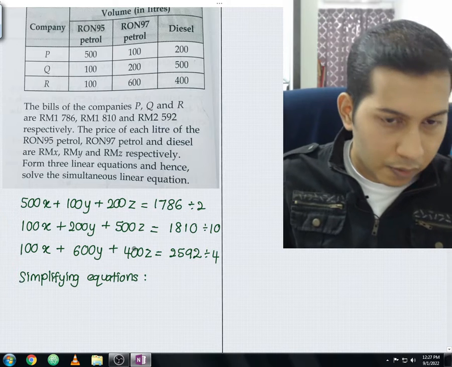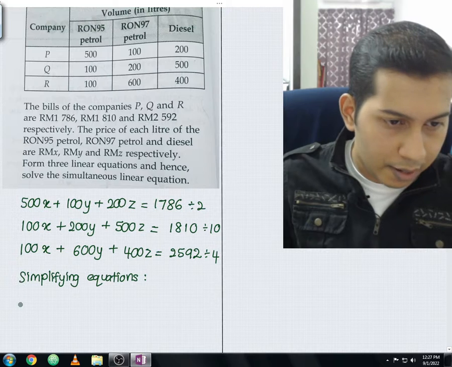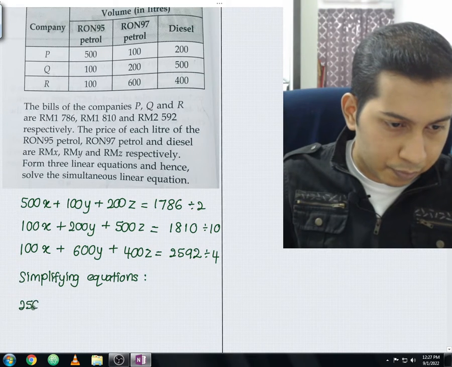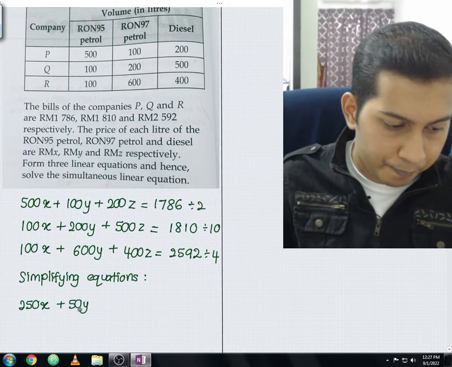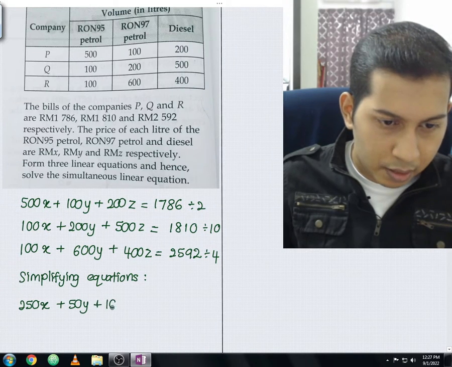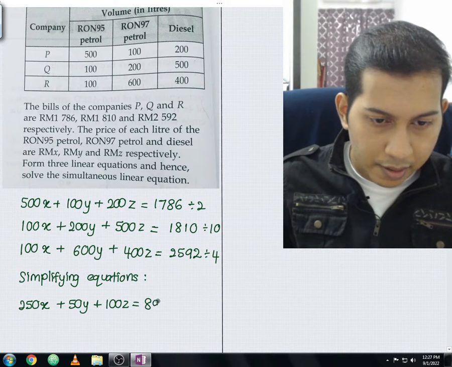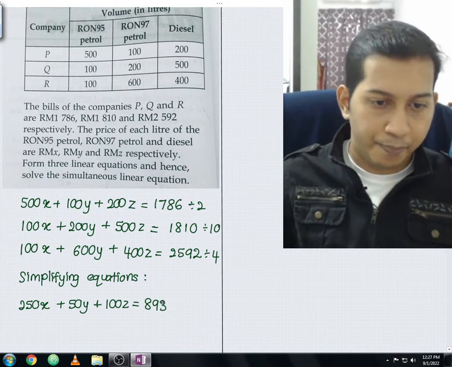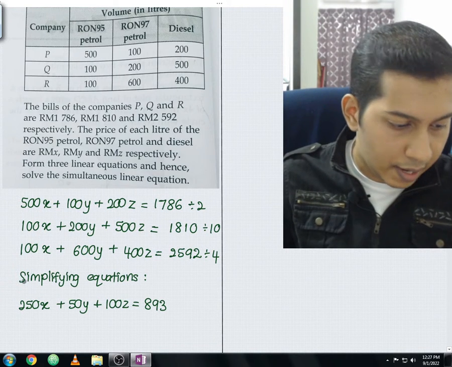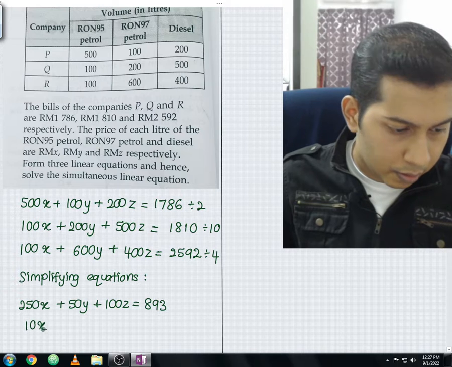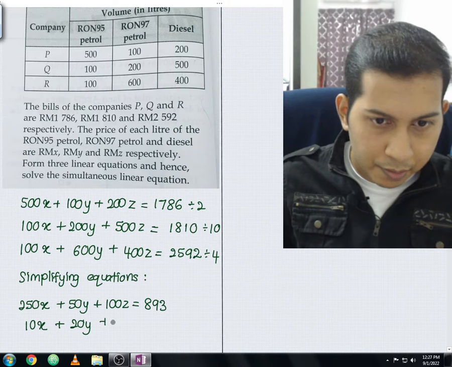So from here, you simplify the equation, so you will get 250X plus 50Y plus 100Z, it is equals to 893. For the second one, it will be 10X plus with 20Y plus with 50Z.